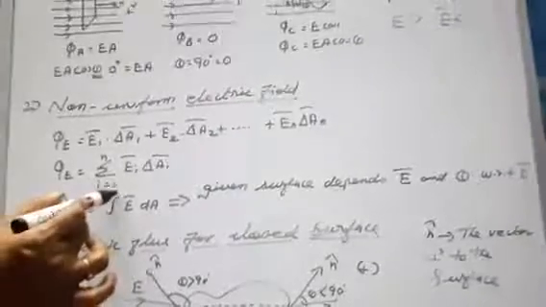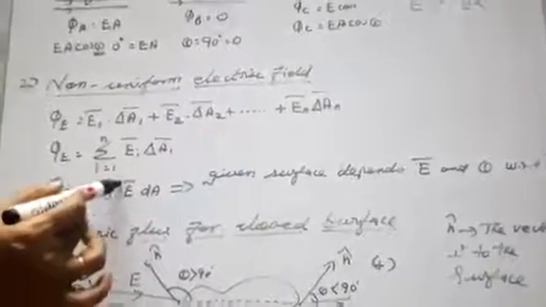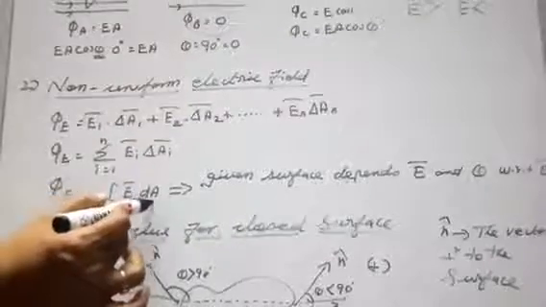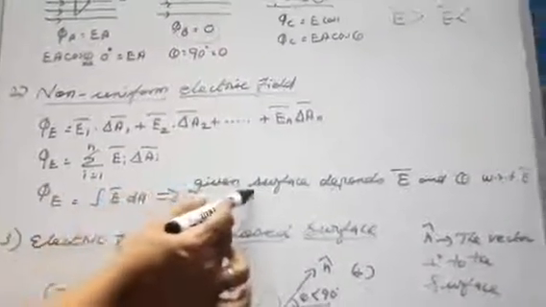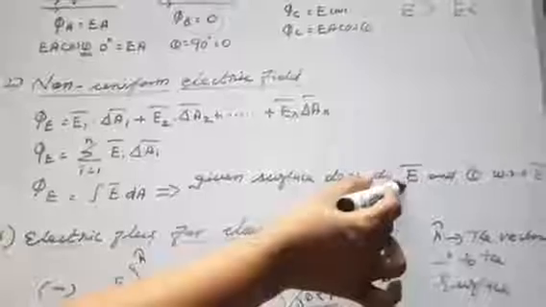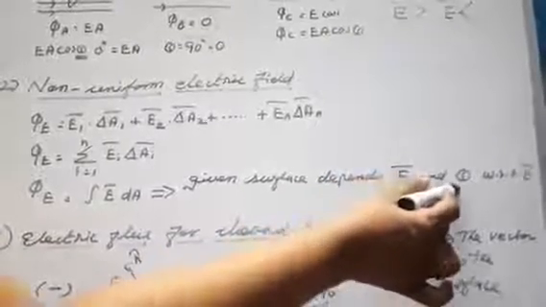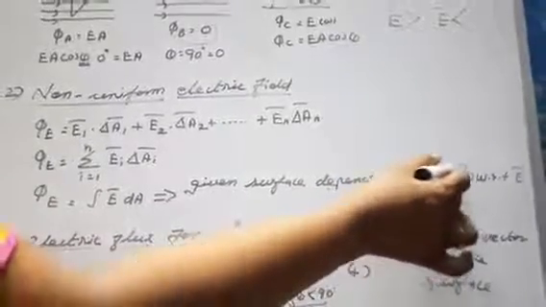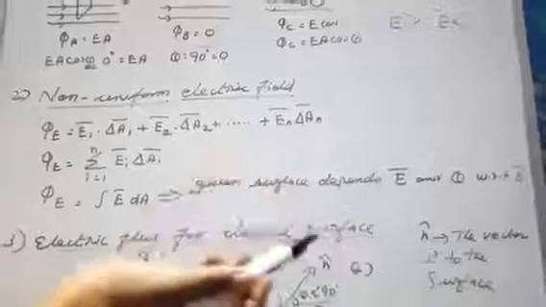Generally we can write the flux phi E equals the integral of E vector dot dA vector. It is clear that the flux through a given surface depends on both the electric field E, the surface area, and the orientation of the surface with respect to the electric field.